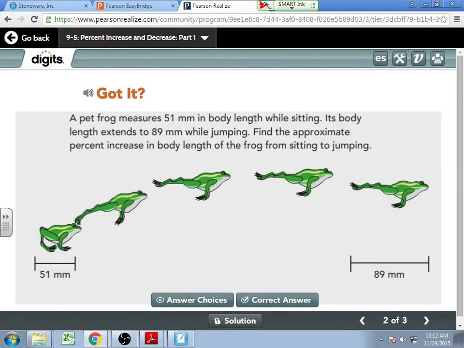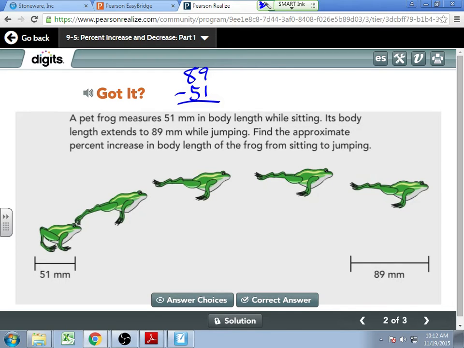So Zach, what do I do first? Since the equation for the percent change is change over original, you would do 89 minus 51. You said it right the first time: if you say 89 minus 51, then you're saying it correctly.